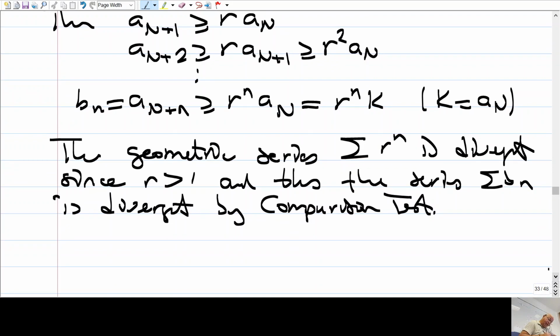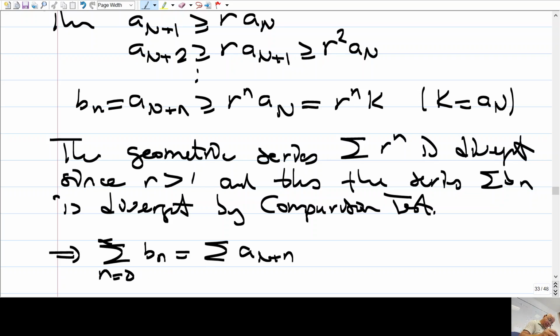Well, this implies b_k is divergent. But b_k is this thing, a_{N+k} from 0 to infinity, which is just the series a_n from N to infinity.